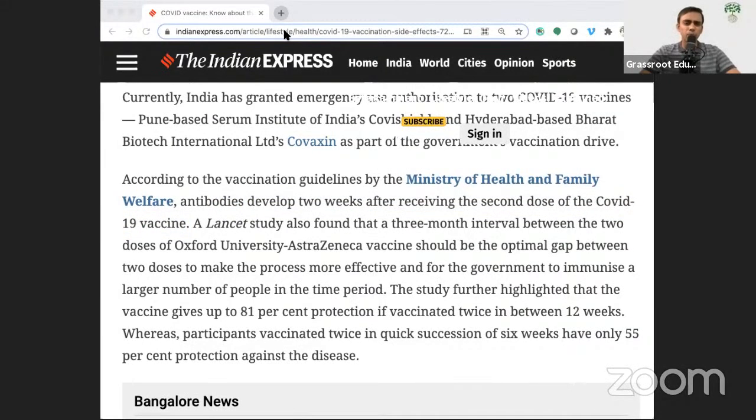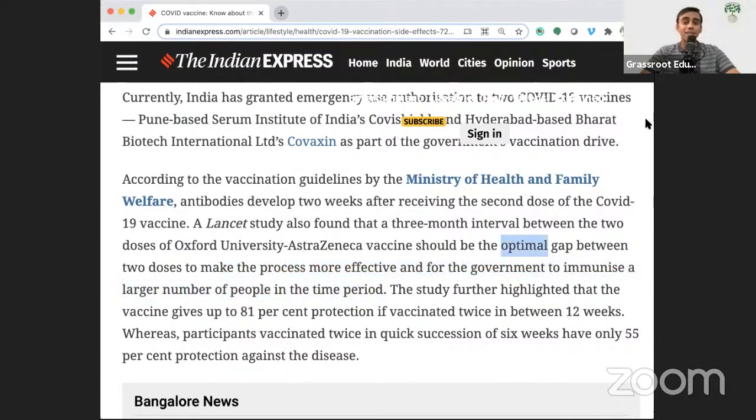A Lancet study is a proper noun, a terminology, some kind of research that is conducted, also found that a 3 month interval between the two doses of this particular vaccine should be the optimal gap between the two doses to make the process more effective and for the government to immunize a larger number of people in the time period.